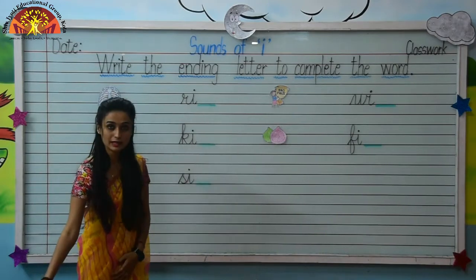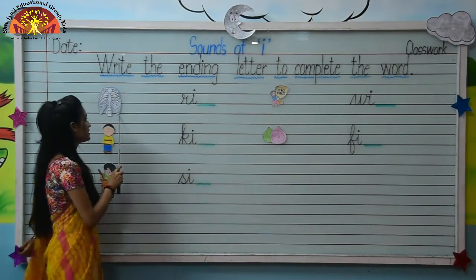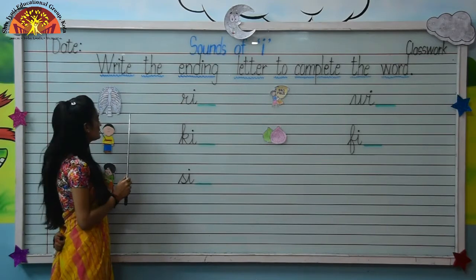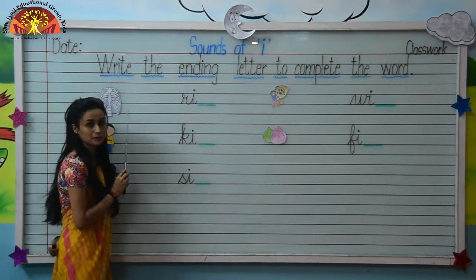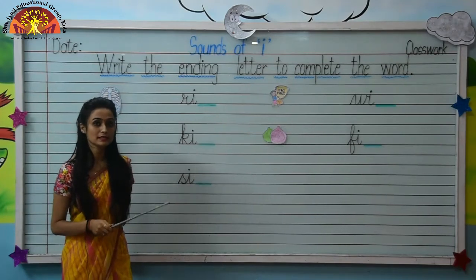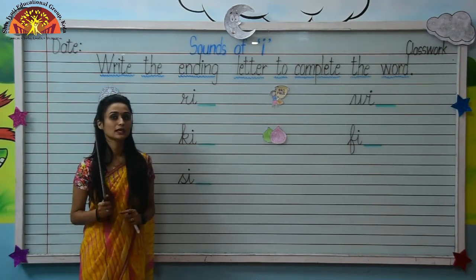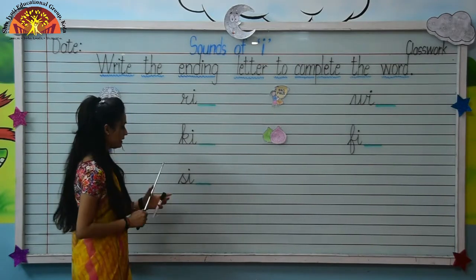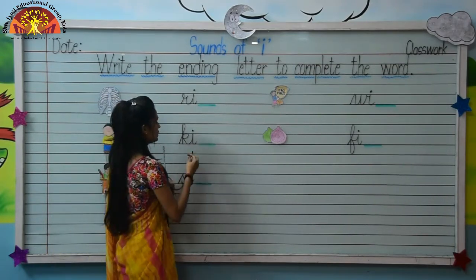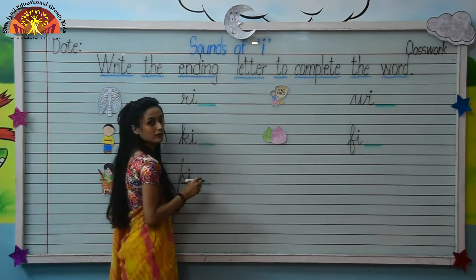We have to identify the picture and then complete the whole word by writing the ending letter. So let's start. Tell me, which picture is this, kids? This is rib. The spelling of rib is R-I-B, rib. Which letter is missing over here, kids?